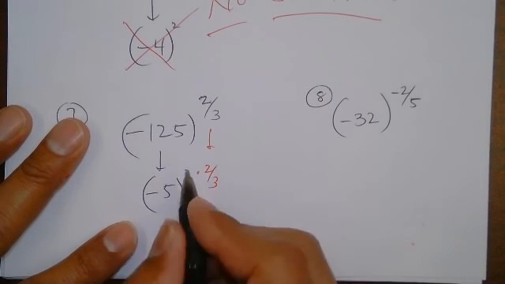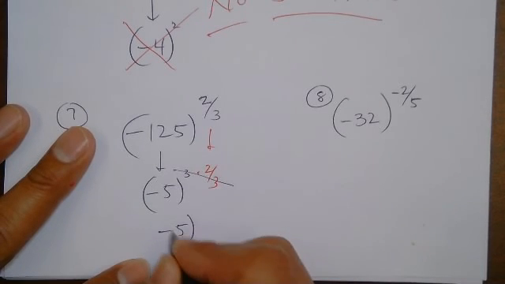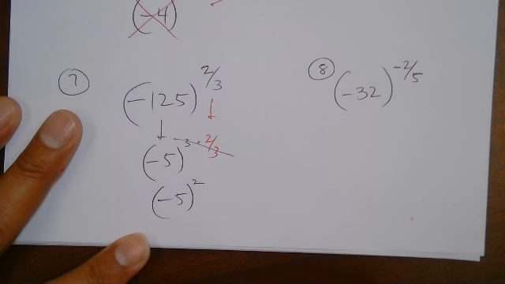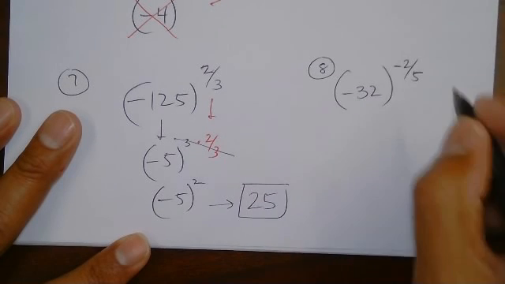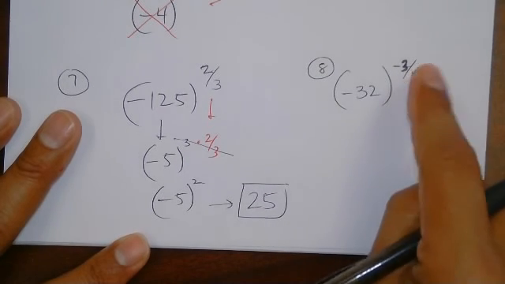And then this multiplies to the 2/3. What happens there? The 3's cancel, no? What's left? Negative 5 squared is what's left. What is negative 5 squared? Positive 25, correct.